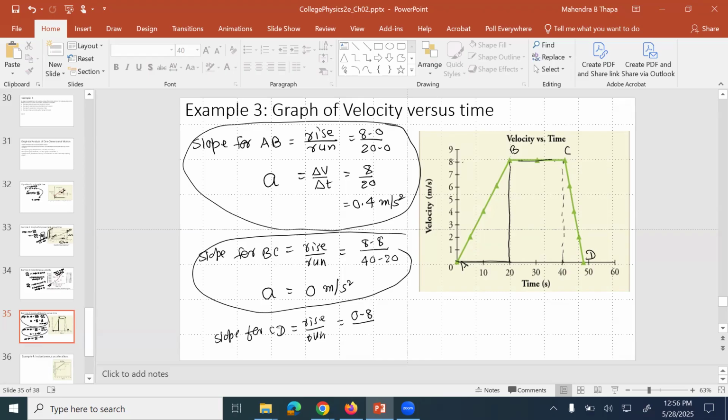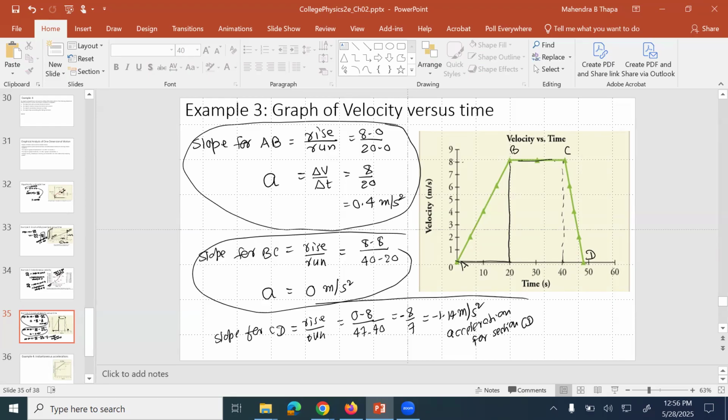And run will be, if you look at here, this looks like 47 minus 40. So roughly 8 over 7, but be careful that it is minus. It will be minus 1.14 meter per second square. So this is the acceleration for the section or the part CD. This is a straight line.